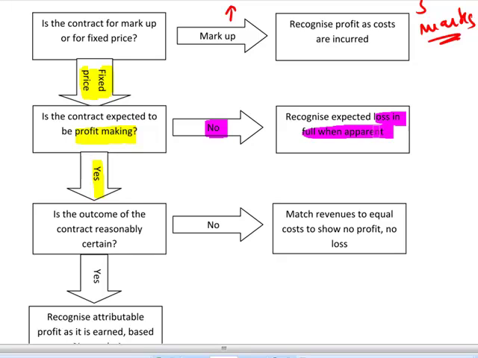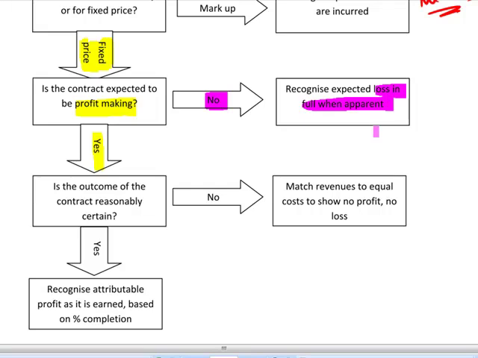On the other hand, if the contract is profit-making and I am able to actually evaluate the outcome of the contract with reasonable certainty, meaning I know my costs and my cost to complete the contract, then I can actually recognize the attributable profit that is earned by reference to stage of completion.